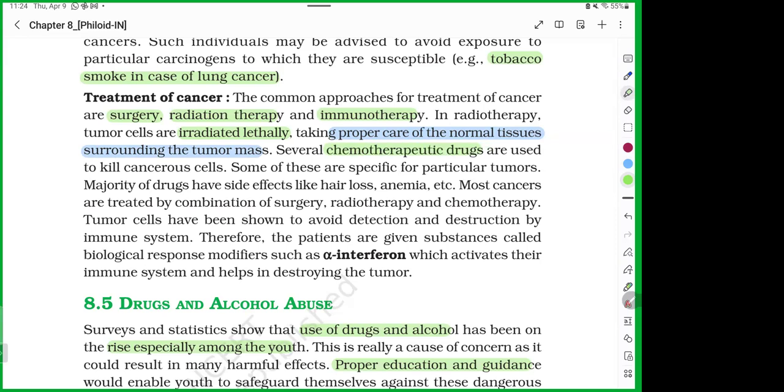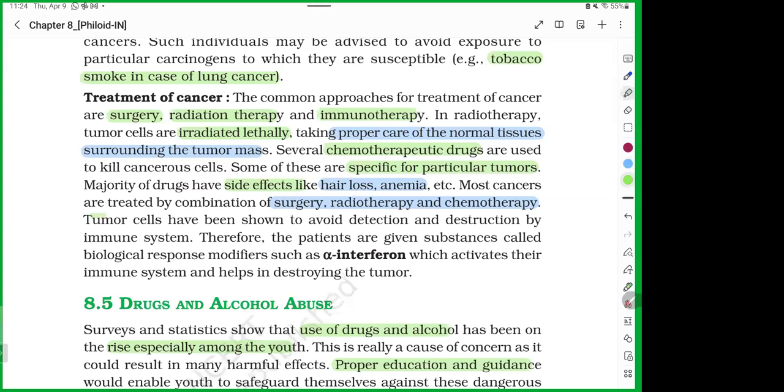There is specific medication for the specific type of tumor. The majority of drugs have side effects; hair loss is very common, blood loss is very common. Most cancer is treated using all three: we use surgery, radiotherapy, and chemotherapy.